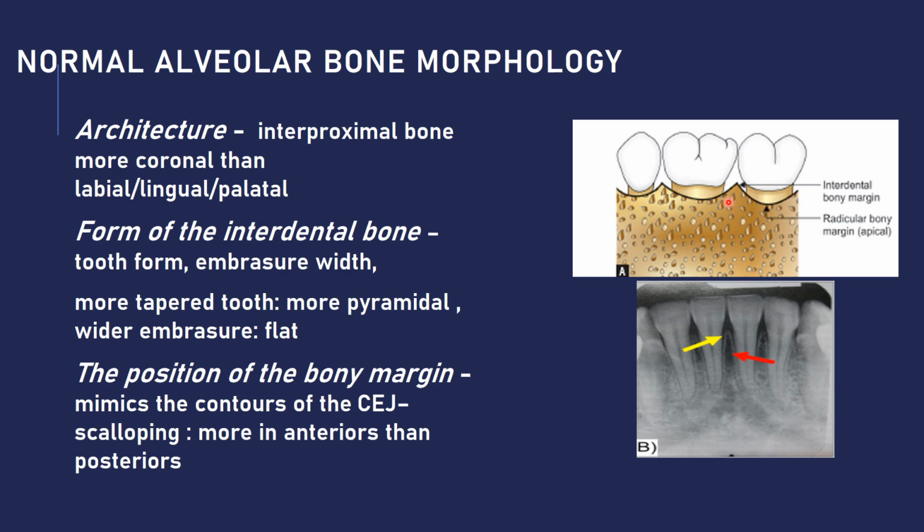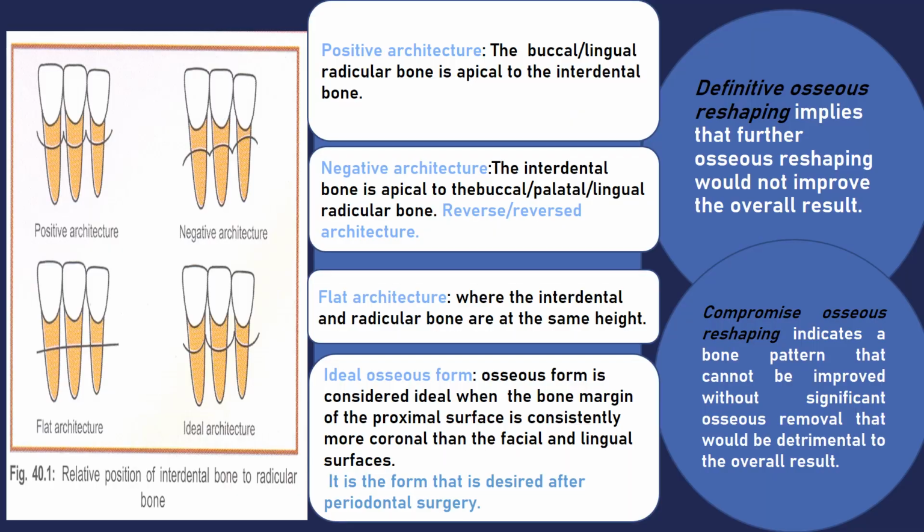This will be based on tooth form and the mesiodistal width. If the tooth is more tapered, then the bone will be more pyramidal, and if it is wider, then it will be flat. So that is the form of interdental bone. The position of the bony margin always mimics the contours of the CEJ. The scalloping will be more in anteriors than in posteriors.